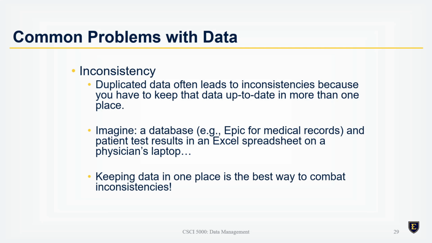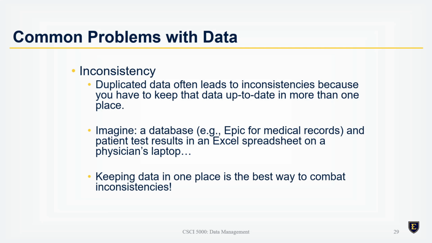So imagine a database like Epic for medical records, and patients' test results in an Excel spreadsheet on a physician's laptop. What could go wrong? Well, certainly a lot could go wrong, where Epic would be the primary storage for any medical records.